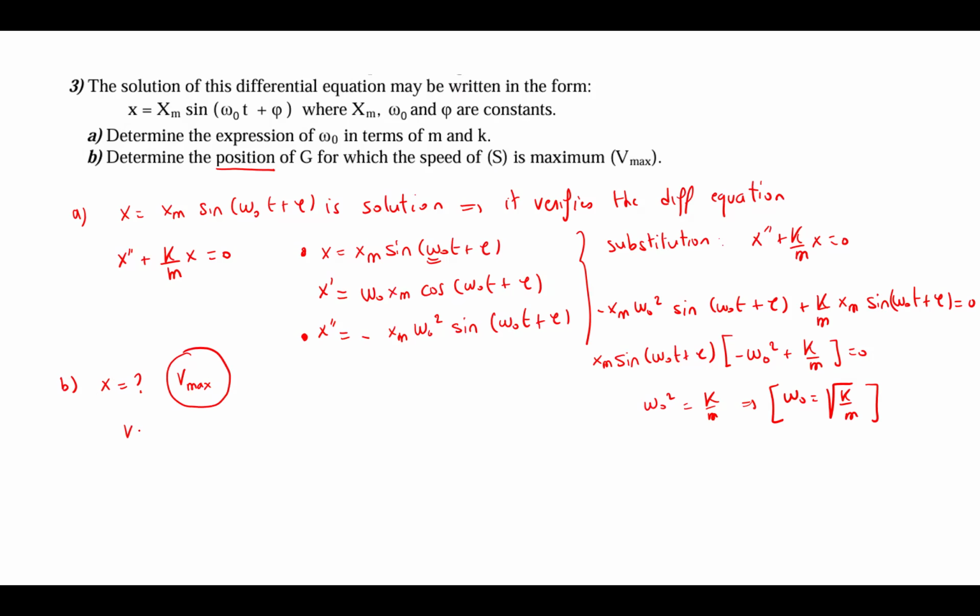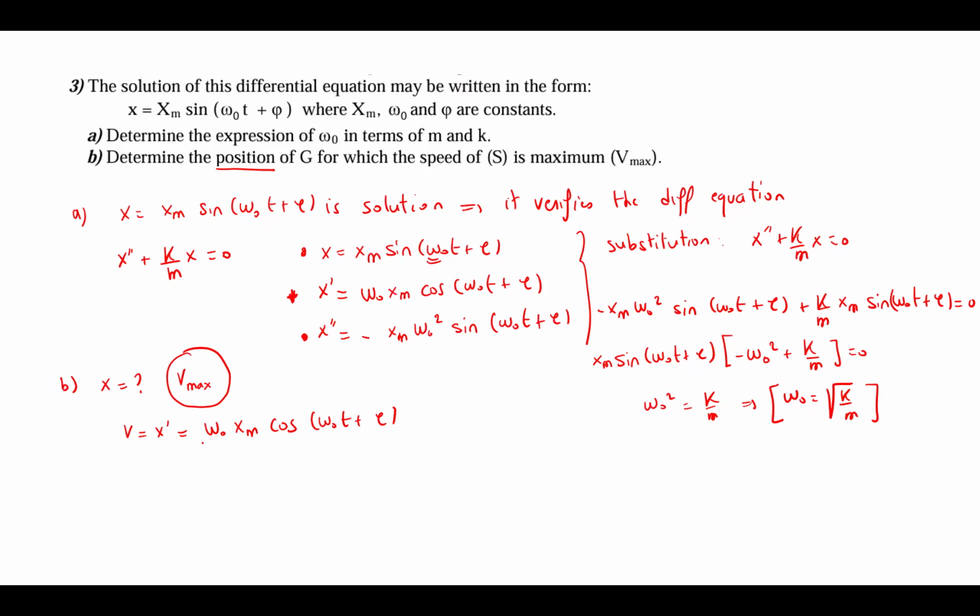Now, what is v? We know that v is equal to x prime, and we already find it. It's here, okay? So it's equals to omega 0 xm cosine omega 0 t plus phi. Now, my condition is that I need v to be max. For the speed, for the velocity here to be maximum, this means I need all this expression to be maximum.